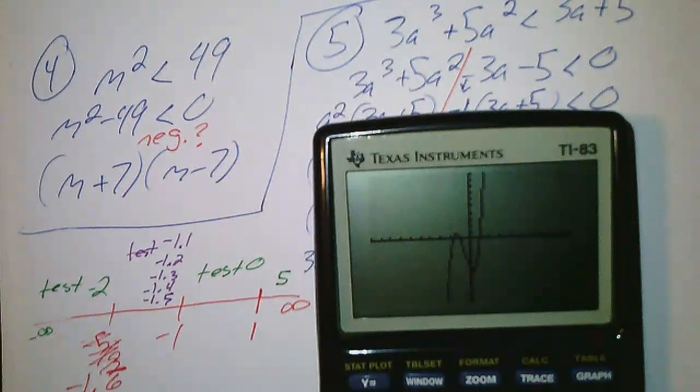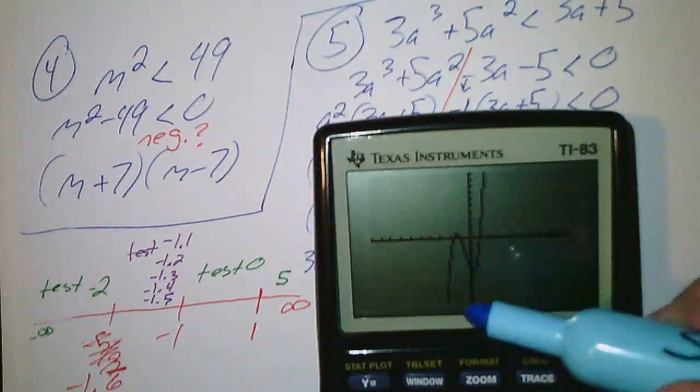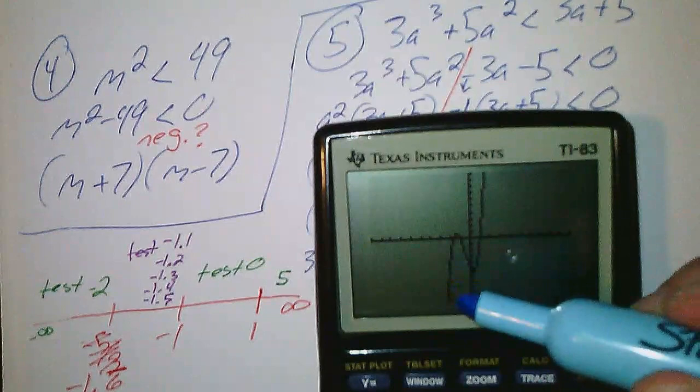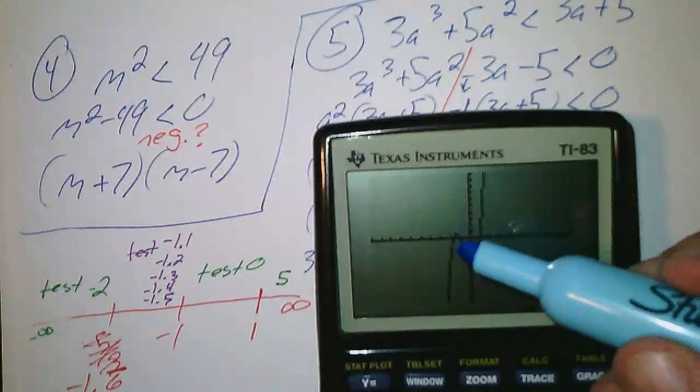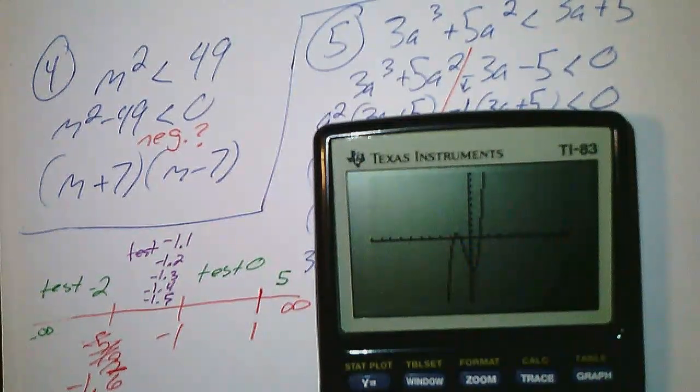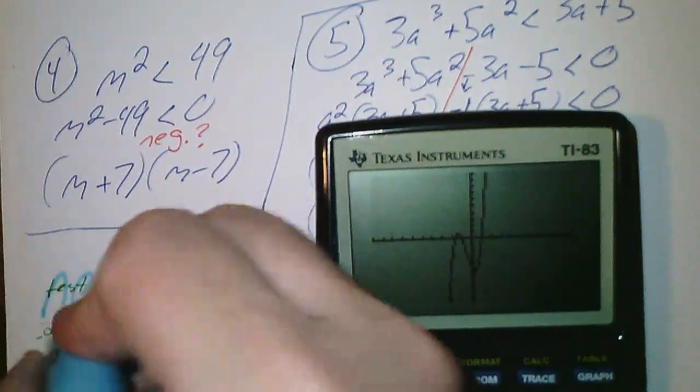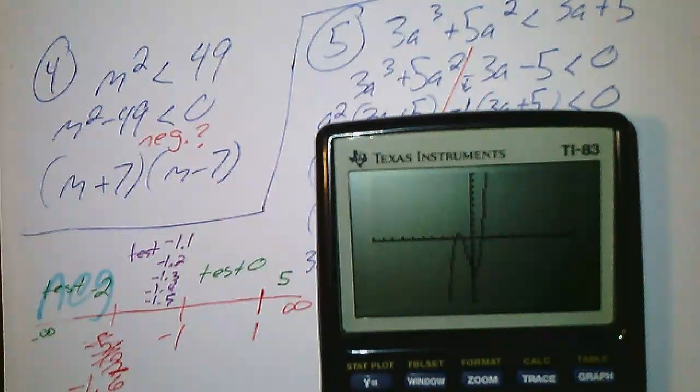Again, we're asked where is the function negative. There are 4 regions to consider because we found 3 solutions. We can see that we start below the x-axis. So from negative infinity to our first solution, we are negative. So negative in this region.